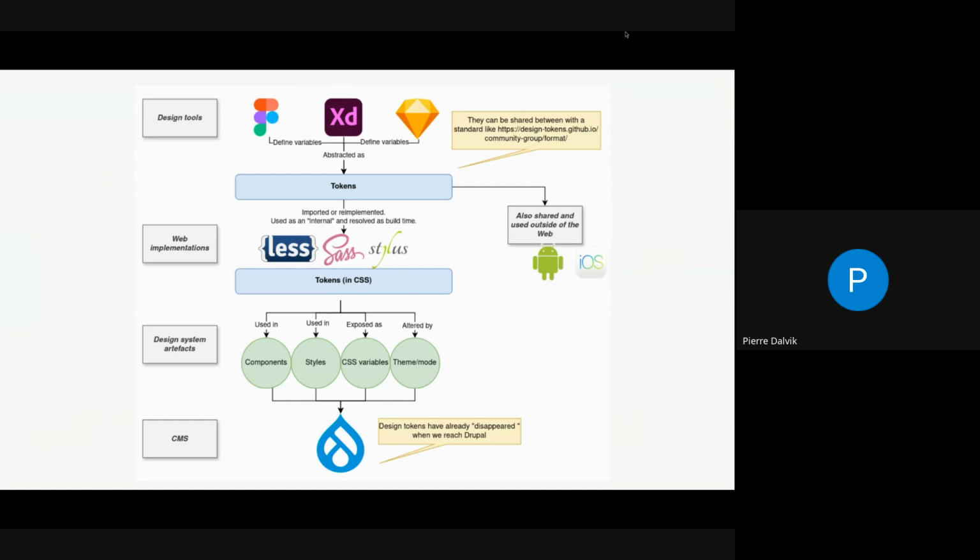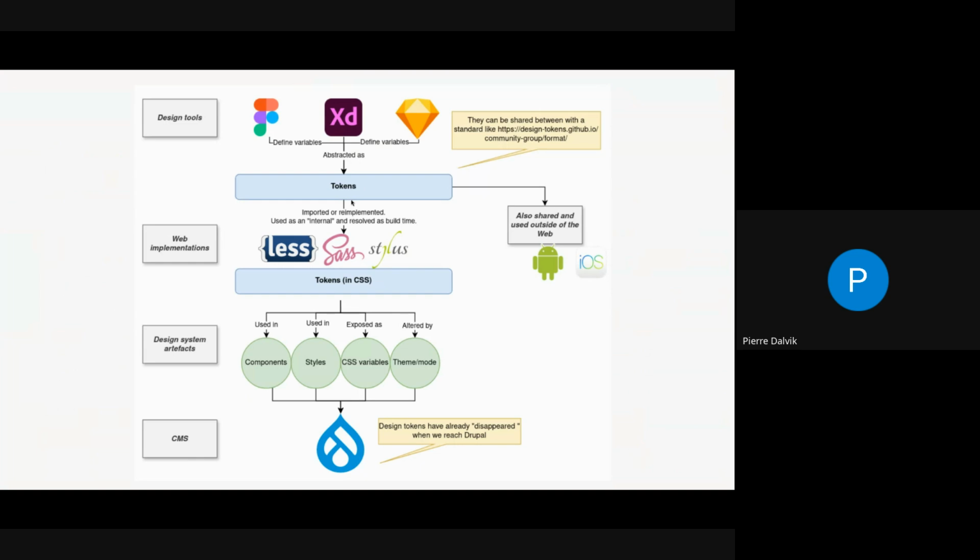Design tokens are defined by the designer in the design tools, then can be shared to the web but also to other platforms like iOS and Android. When they are shared to the web, they are implemented and resolved at build time. So it's Sass variables, Less variables, CSS variables, this kind of stuff.